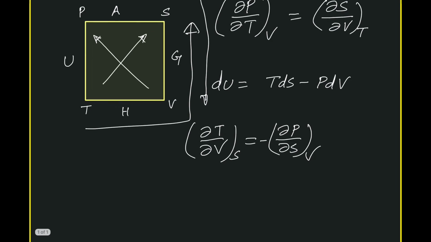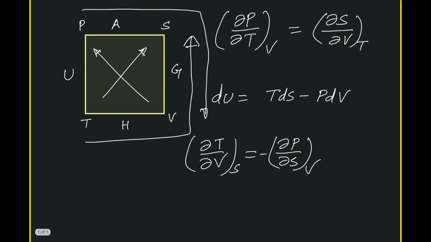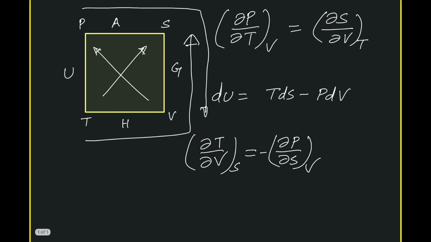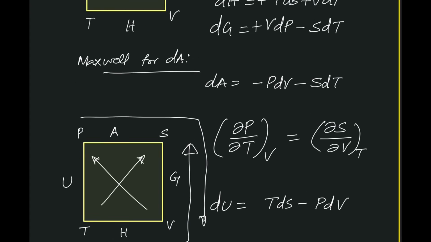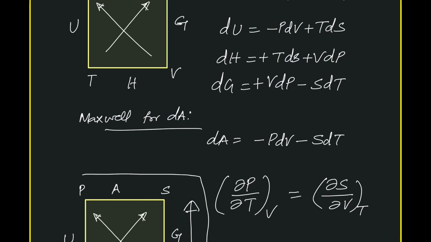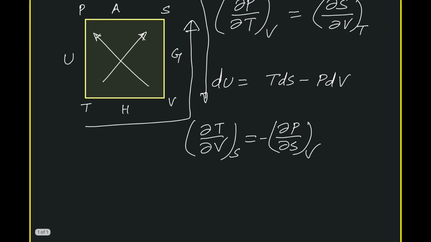Let us also obtain the Maxwell relations corresponding to the energy relations of G and H, which we can obtain. Since we have already obtained the energy relations of G and H here, we can try to obtain the Maxwell relations from this mnemonic diagram.